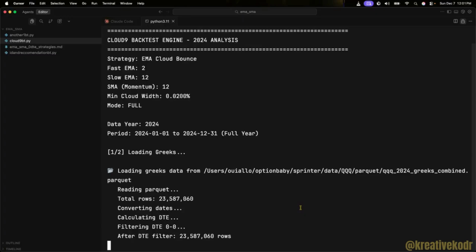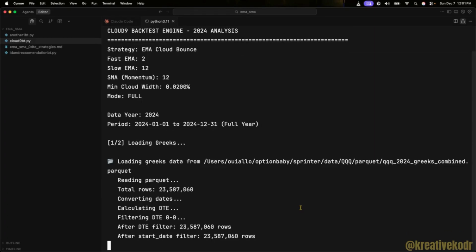Just give it a moment. I promise you, as soon as it loads and gets all the data that it needs, then it's going to be ready to go. Imagine we're loading an environment with 23 million different data points, right?